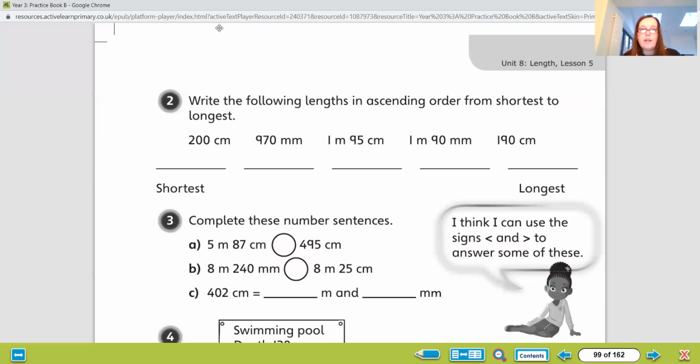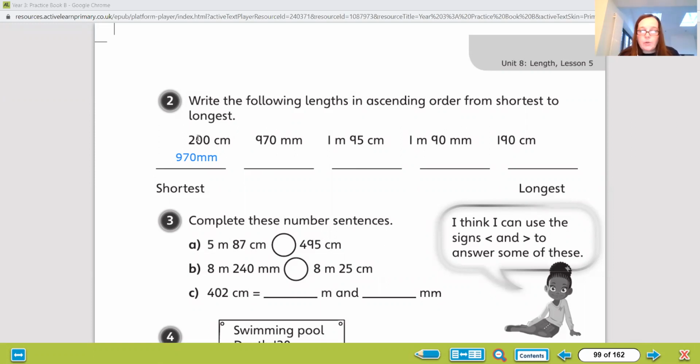So this must be the first one. 970 must be the first one because that's exactly the same as 97 centimetres. Okay. Right, what could be next?